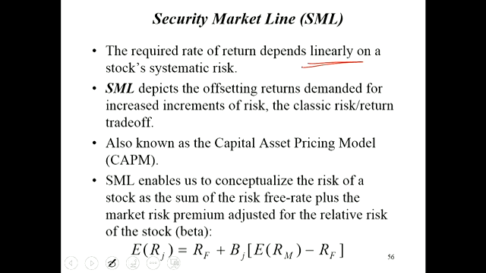So if we draw this graph here, here's our risk along this way, this is our beta, and this is our return up here. If the relationship between risk and return is linear, all we need on that graph is 2 points, and then we can just draw a nice straight line through it. The question is, can we get 2 points?